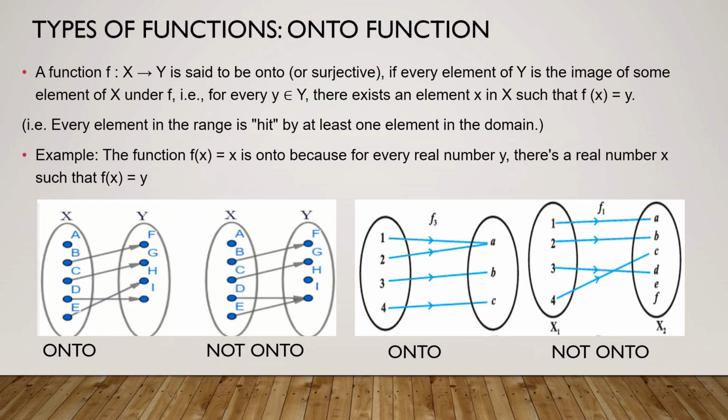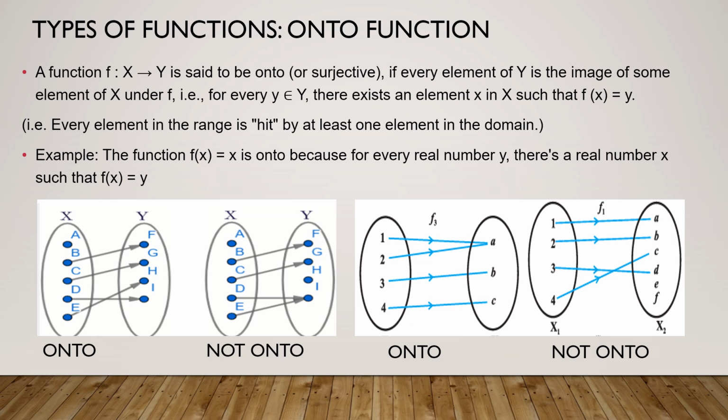Next type of function is the onto function. A function f from X to Y is said to be onto or surjective if every element of Y is the image of some element of X under f. That means for every y belonging to Y, there should always exist an element x in X such that f(x) = y.